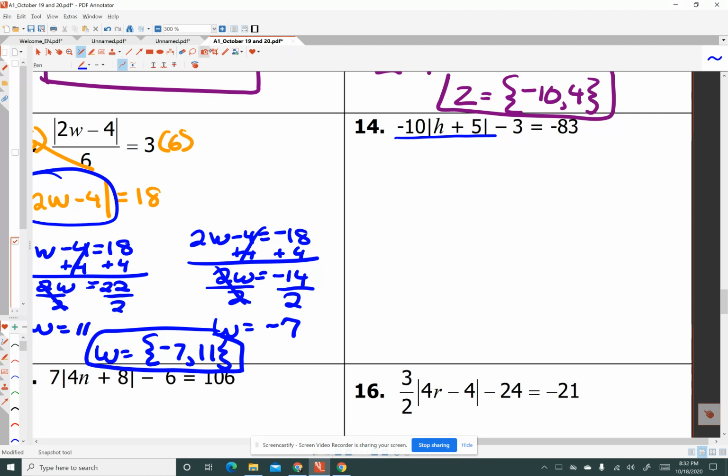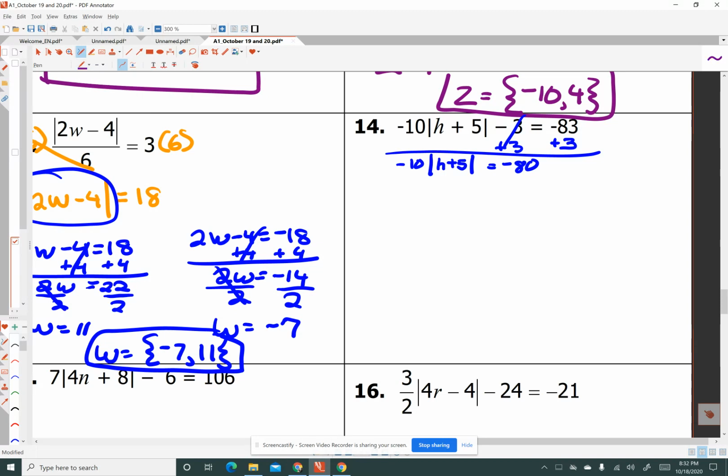Let's add the 3 first. I think that's much easier for our purposes. So we'll add 3 to both sides. Negative 10 times the absolute value of h plus 5 equals negative 80, excuse me.